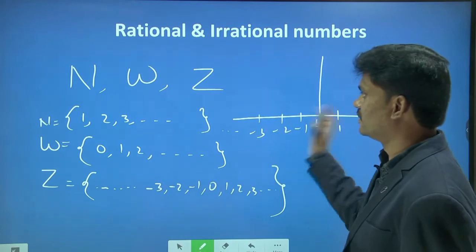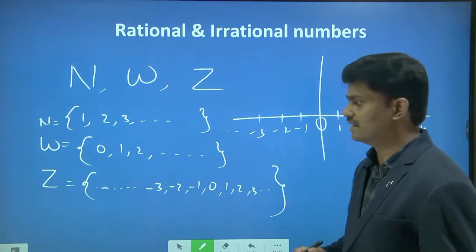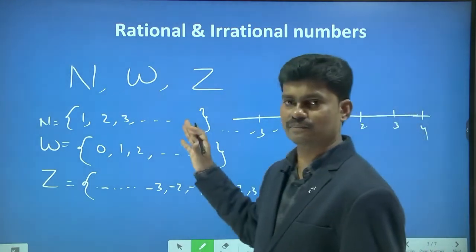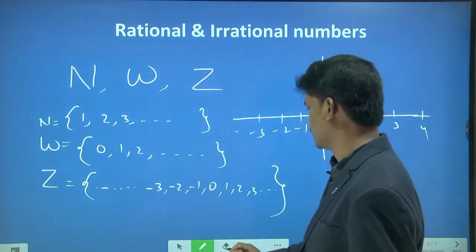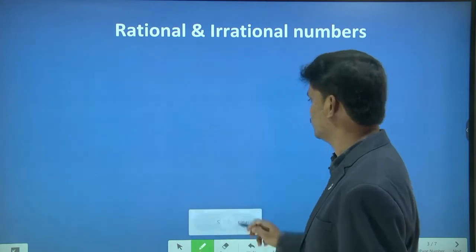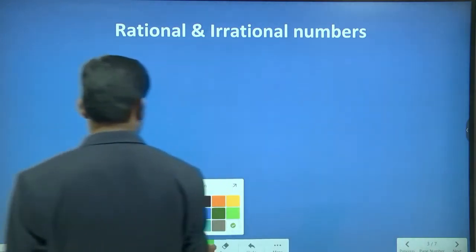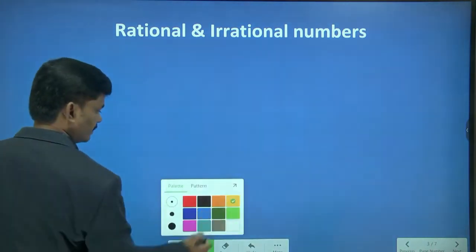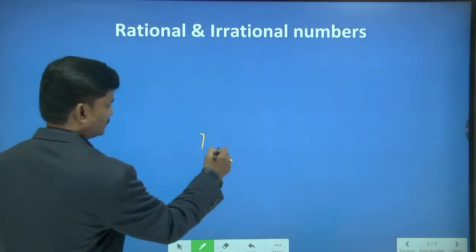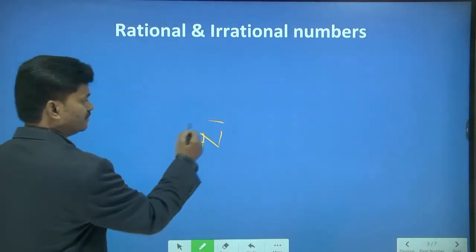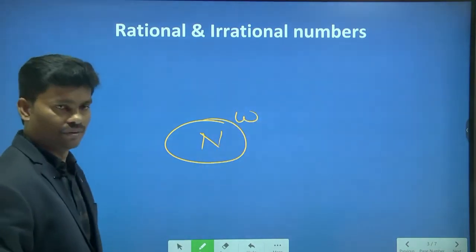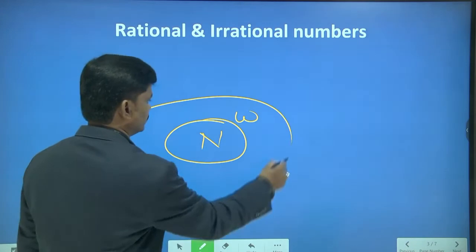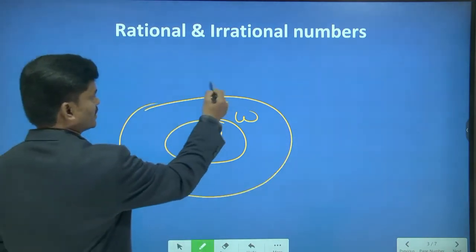Then let's enter rational and irrational numbers. Let us connect these three sets of numbers to rational and irrational numbers. We just discussed natural numbers, and if I add 0 to the natural numbers, we get whole numbers.